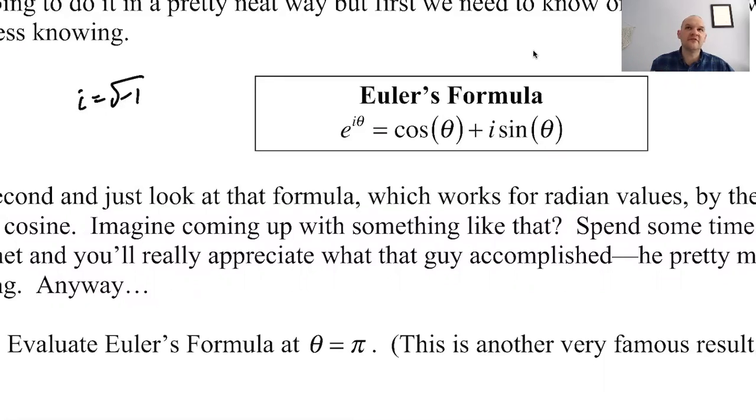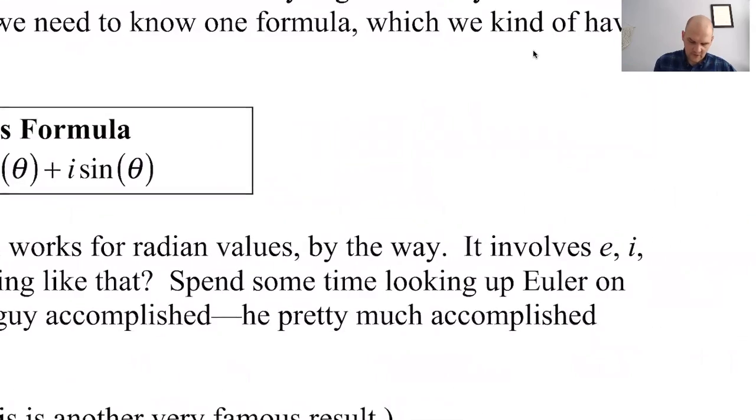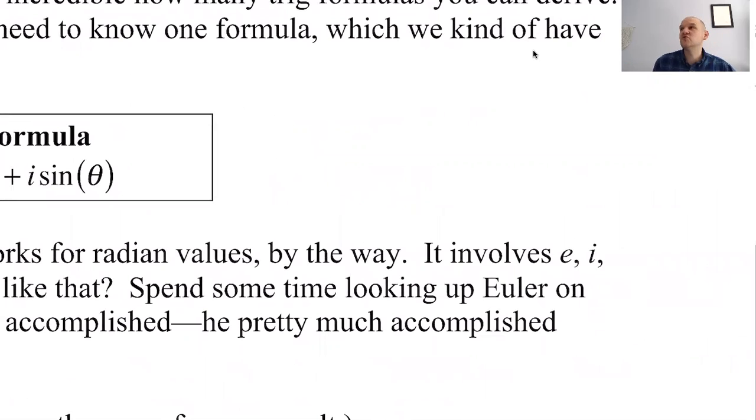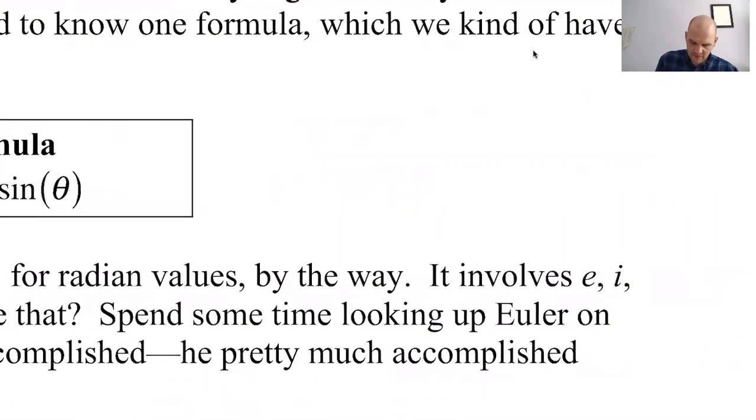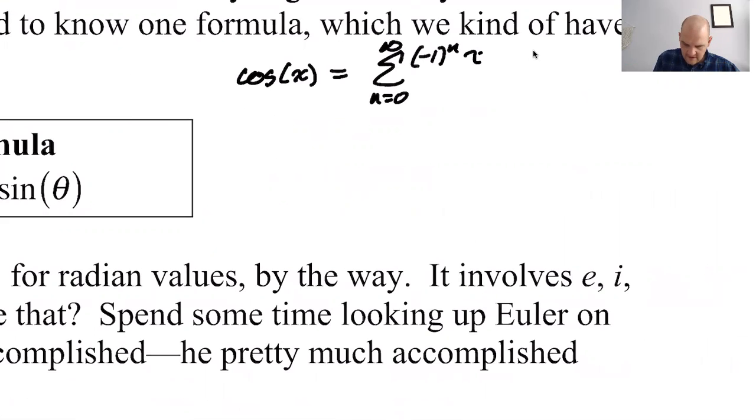We don't really know enough math yet for this to make total sense. However, if you go back, way back, maybe like notes 2 or 3, we had something that said that cosine of x was the sum from, let's go, n equals 0 to infinity of -1 to the n x to the 2n over the quantity 2n factorial.